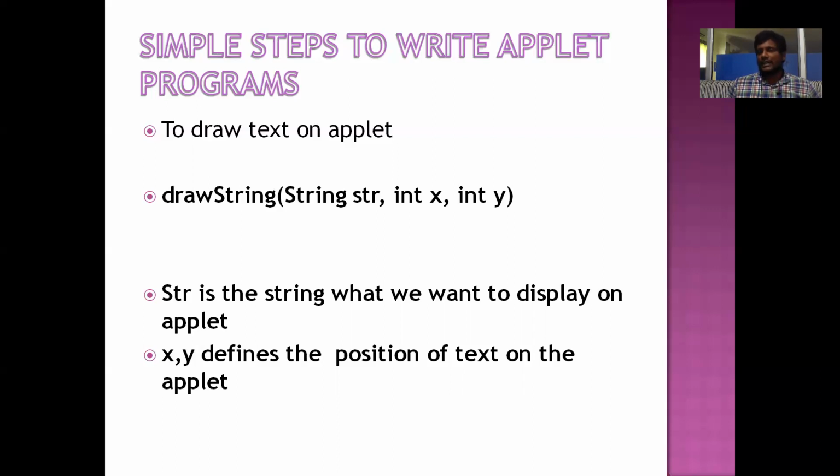After that, I use a comma, and if I mention 10, comma 10, that means our string will start from the 10, comma 10 position of the screen. The top left is 0, comma 0, and from there we move 10 points along the x-axis and 10 points down. At that intersection of 10, comma 10, our computer science and engineering will be printed on the output screen.